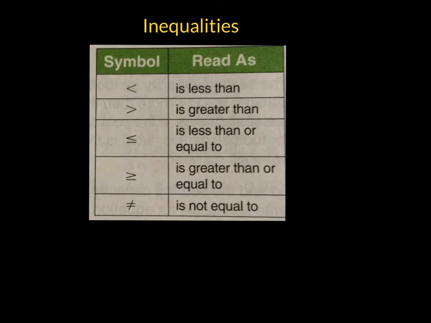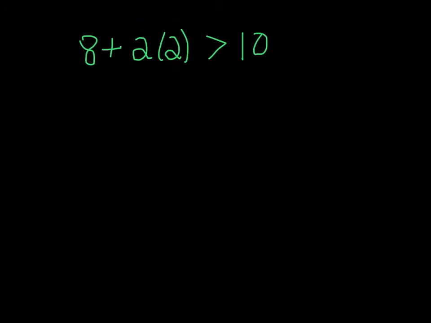Here we're going to learn about inequalities. A word sentence can also represent an inequality. An inequality is a statement that uses any of these symbols on this table. Here we have 8 plus 2 times 2 is greater than 10.